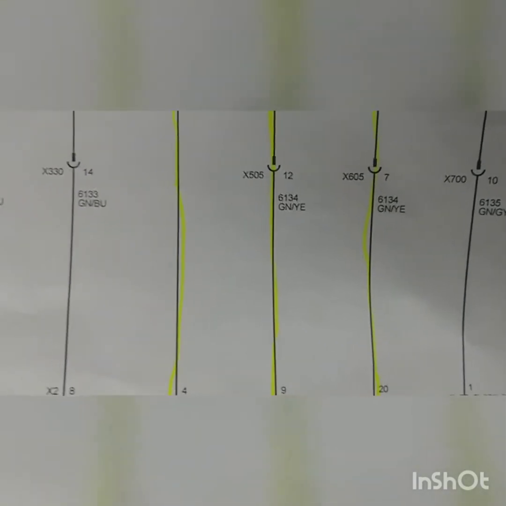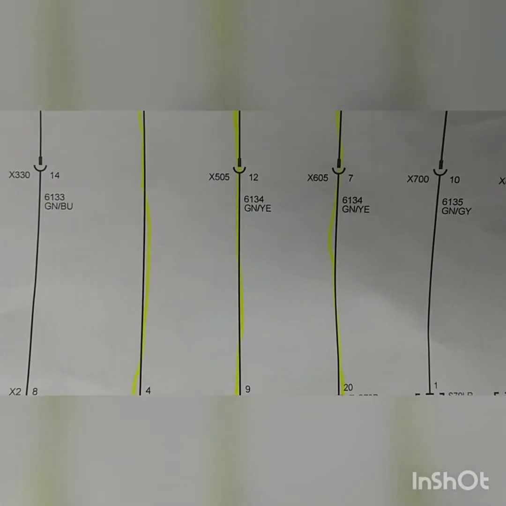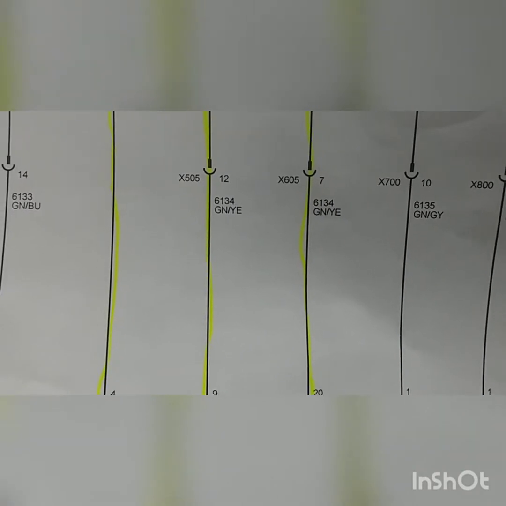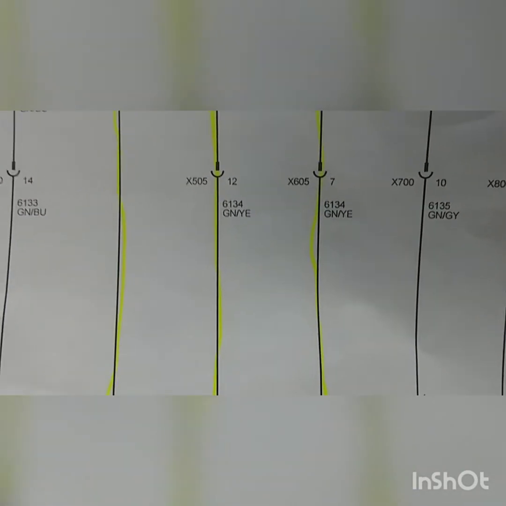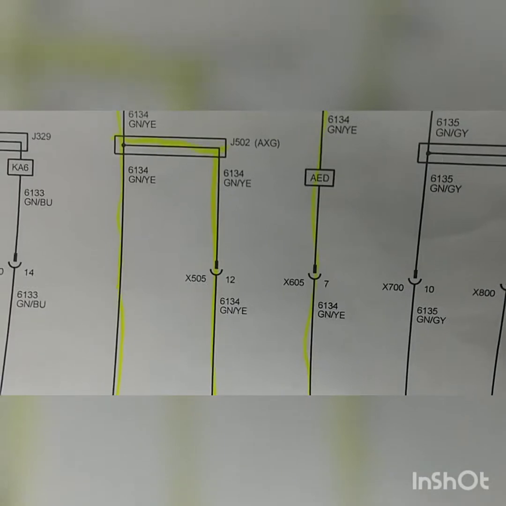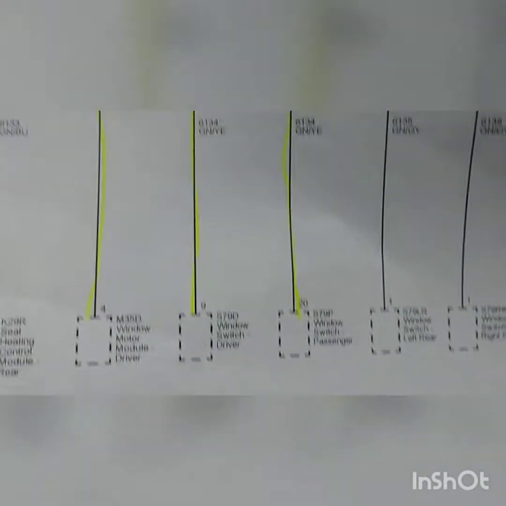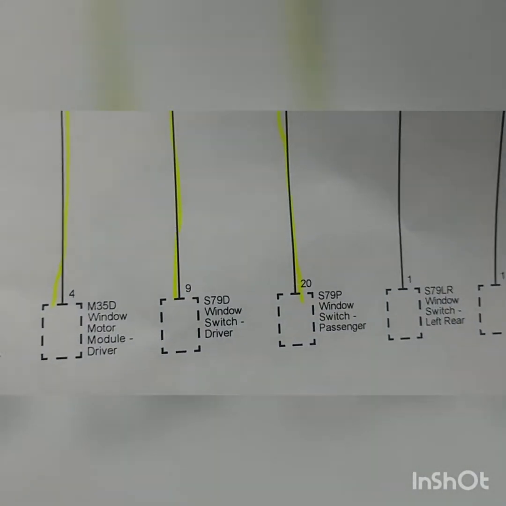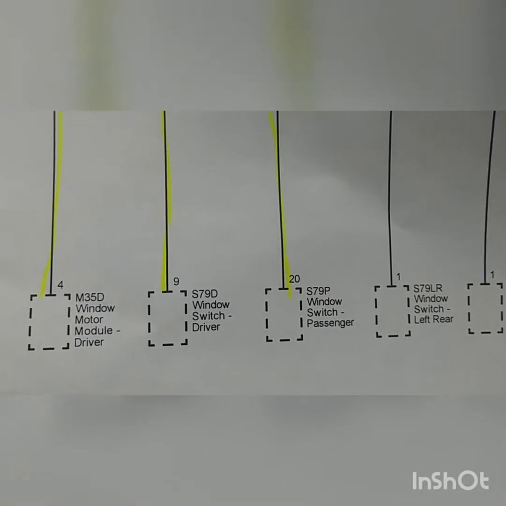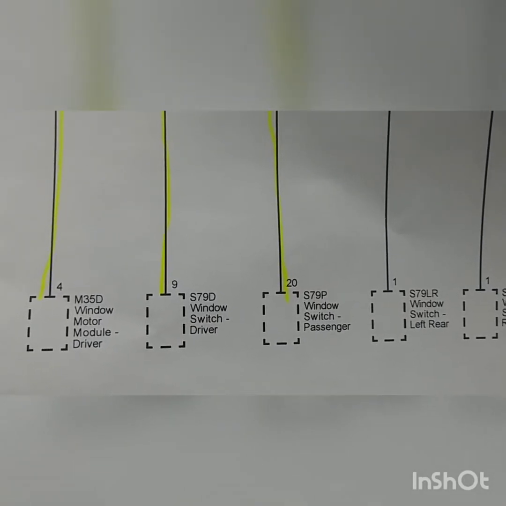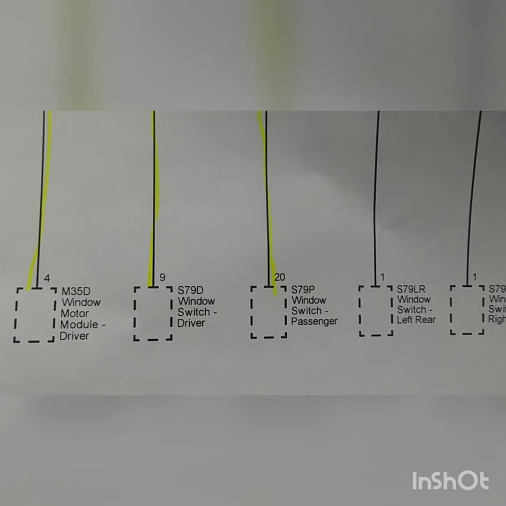Now, where did we go right, or where did we go wrong? We could have taken another step, maybe disconnected this window switch first, or back probed that first, and seen what voltage we were getting.